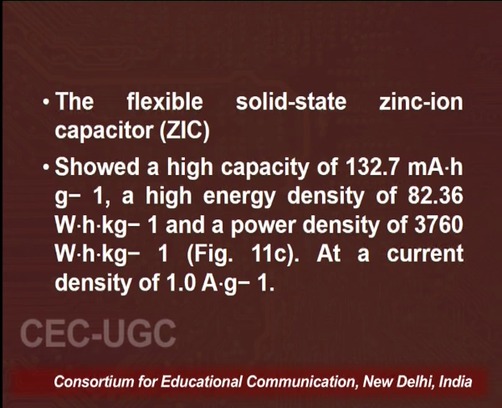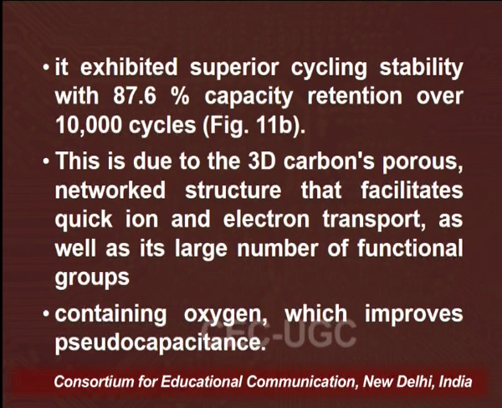If we have a low current, then we have good performance. It exhibited superior cycling stability with 87.6% capacity retention over 10,000 cycles. This is due to the 3D porous carbon network structure that facilitates quick ion and electron transport, as well as a large number of oxygen containing functional groups, which improve the pseudo capacitance.